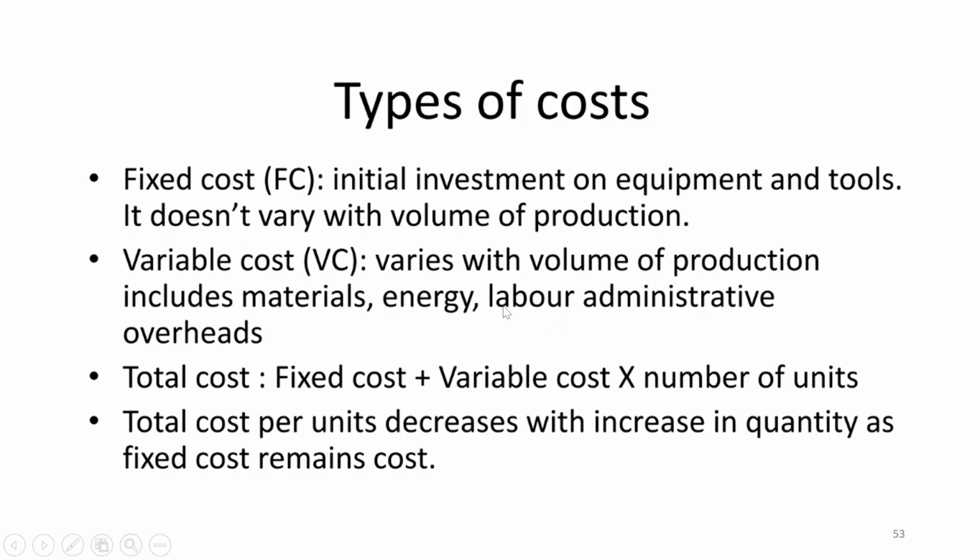If you are using some person who will be doing this work for you, he will charge labor per day, and that will be your variable cost. This variable cost will change with the number of units. Total cost will be the fixed cost, which is added only one time, plus variable cost multiplied by number of units. Now the total cost per unit decreases with increase in quantity as fixed cost remains the same.